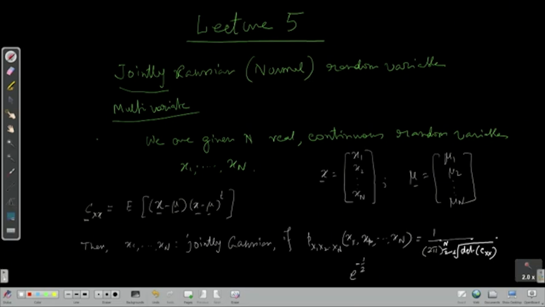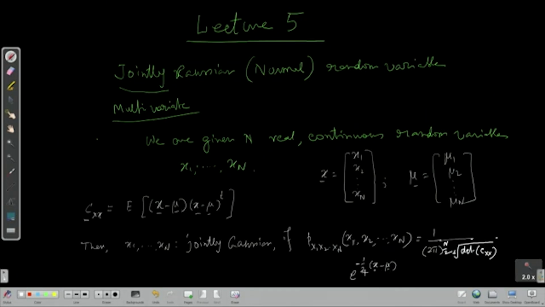this difference vector x minus mu. So you are choosing x1, x2, xn, putting them in a vector and subtracting the mean vector from them, that is x minus mu. Those values of x1, x2, xn you put in the x vector, and the corresponding mu values, mu1, mu2, mu n, in this vector.